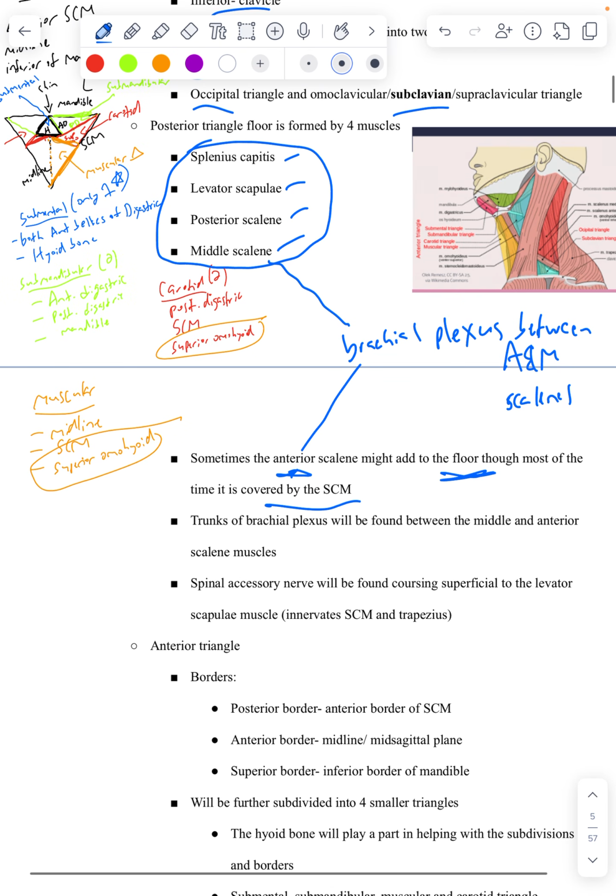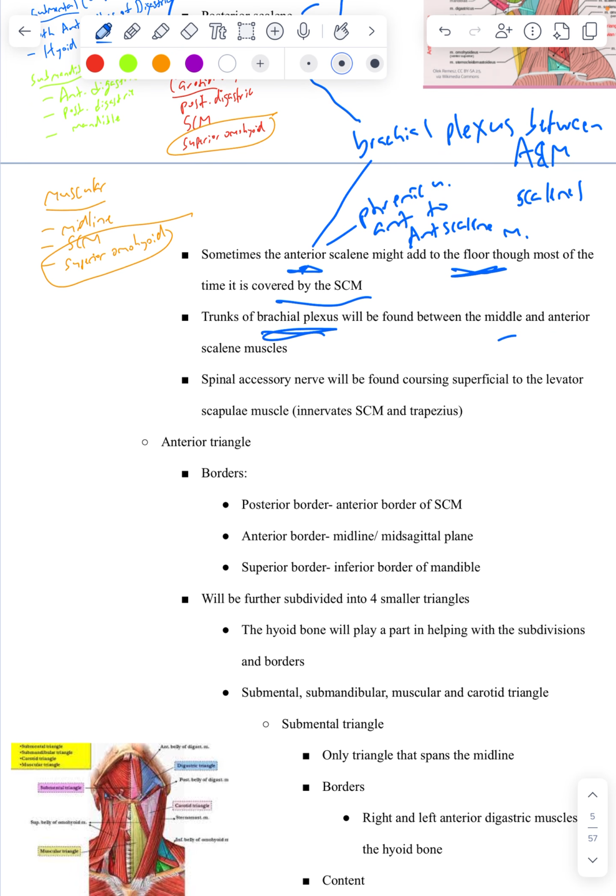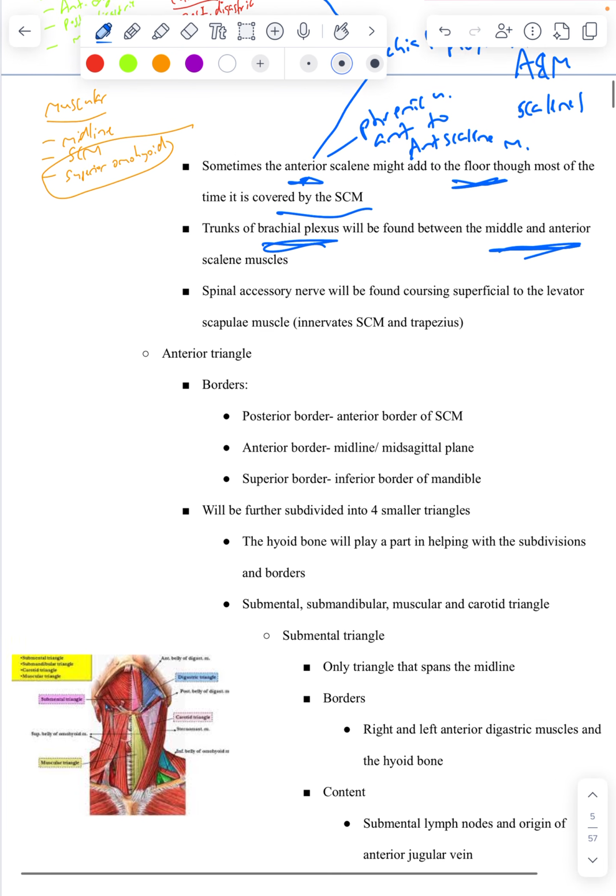The anterior scalene is also another reference for the phrenic nerve. Phrenic nerve is anterior to anterior scalene muscle. But we'll see that later. Oh, actually I lied. Brachial plexus right here, so between middle and anterior scalenes.